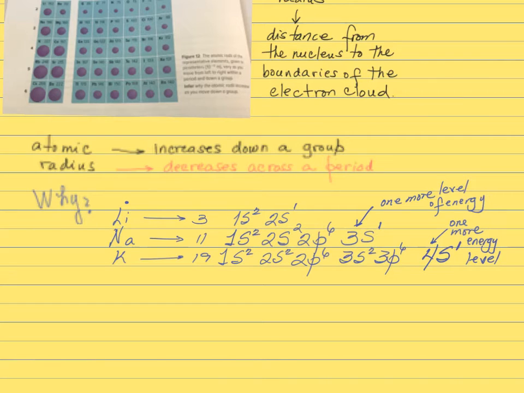So for example, if you have lithium, in this case over here, with an atomic number equal to 3, this is the electron configuration, meaning that you have 2 levels of energy in an atom of lithium. But when you move down to sodium, atomic number equal 11, this is the electron configuration for sodium. And as you can see, you are adding an extra level of energy.